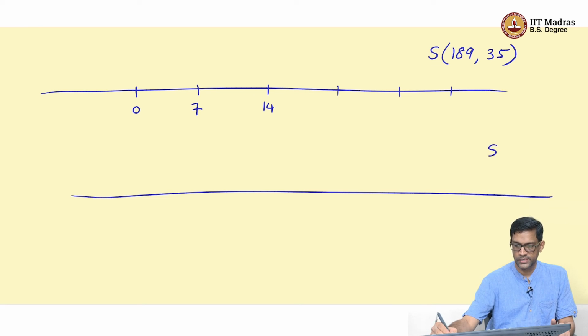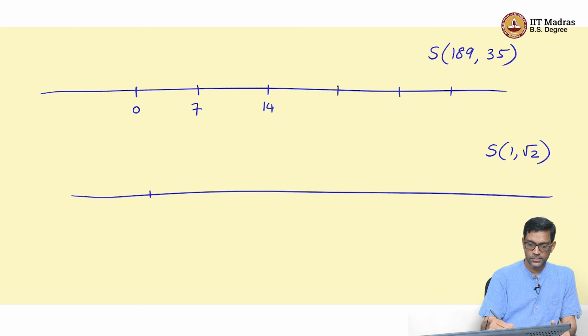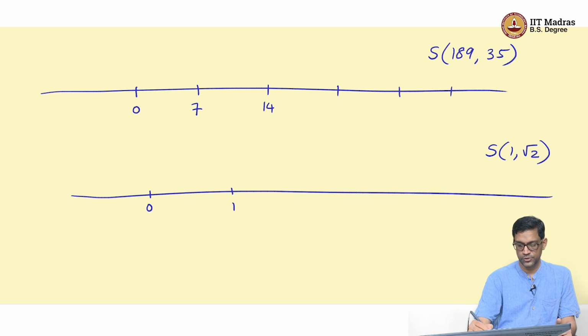two such numbers, whereas if I start with, say, 1 and root 2, then it's a very messy affair. So I start with 0, I know that the set S contains 1 for sure, it contains root 2 for sure, but then I ask, oh, what other numbers are there? Well, all integers are there for sure, all multiples of 1.